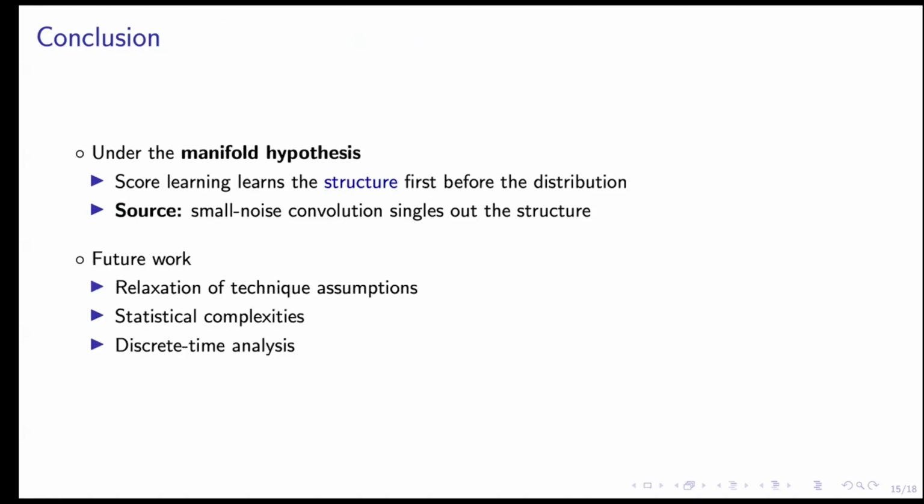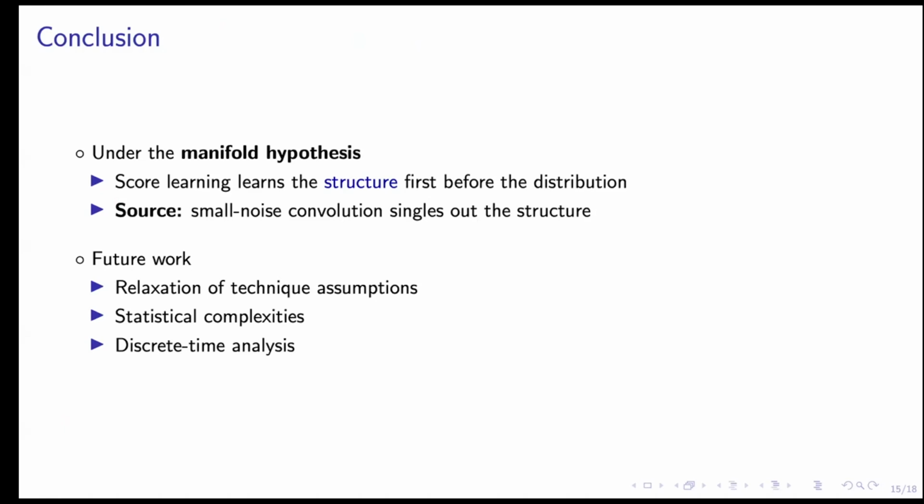However, there are some limitations and potential future works. The first is that there are some technical assumptions that we believe can be relaxed. Currently, in our theorem, we assume that the score is learned well in the L infinity norm.